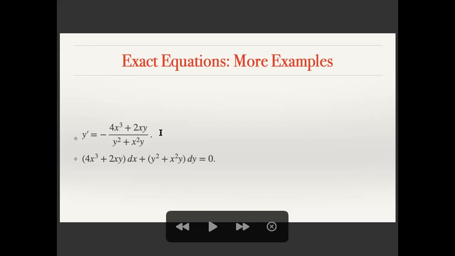But my other point is that you may see the equation in this form. If the initial conditions make it non-zero, then this is a perfectly well-posed equation. And you cannot just tell by looking at it whether it's exact or not. You have to test it.